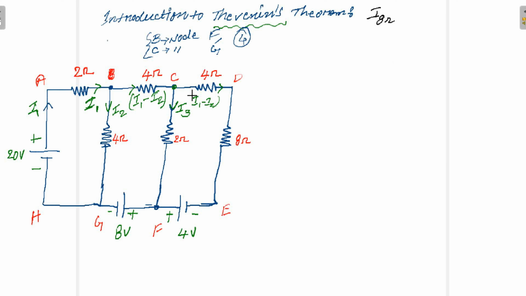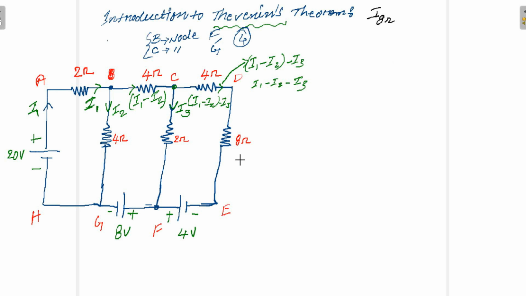From I1 minus I2, some current is subtracted, and that current is I3. So the current coming to this node C is I1 minus I2, and minus I3, which becomes I1 minus I2 minus I3.